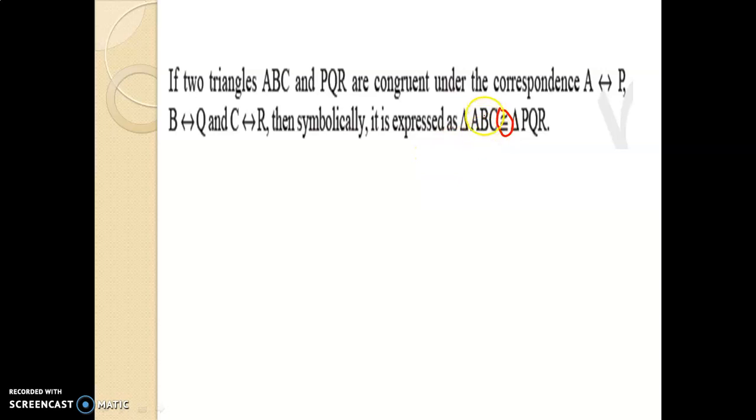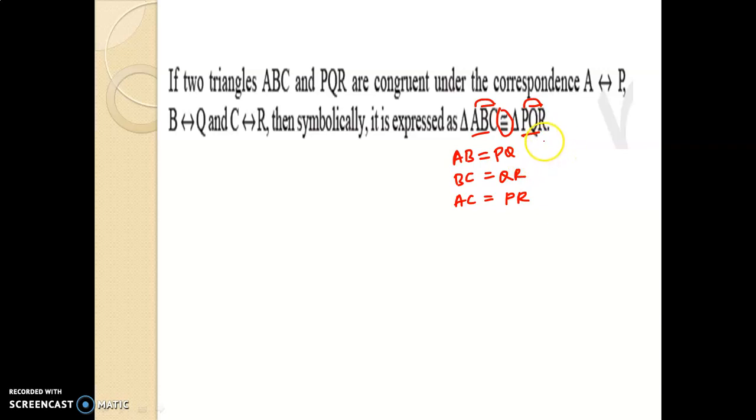When two triangles are congruent to each other, we can say side AB equal to PQ, that is the first two equal to the first two, and BC equal to QR, that is the last two equal to the last two, and AC equal to PR, the first and last equal to the first and last.